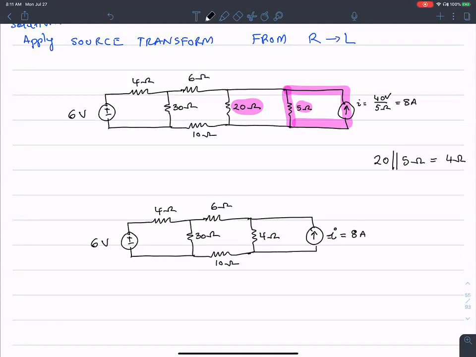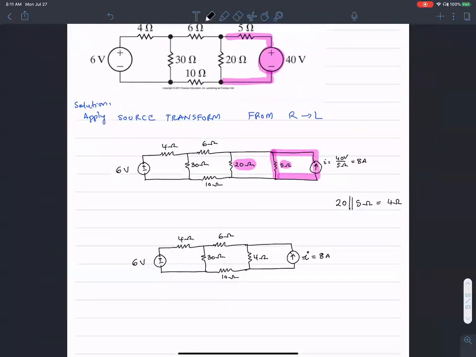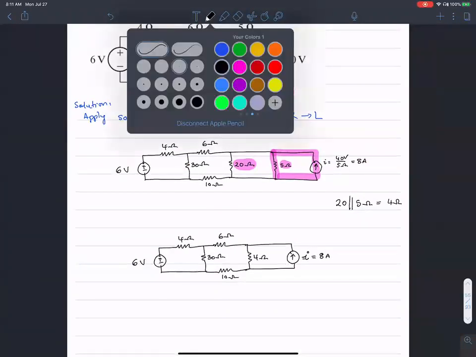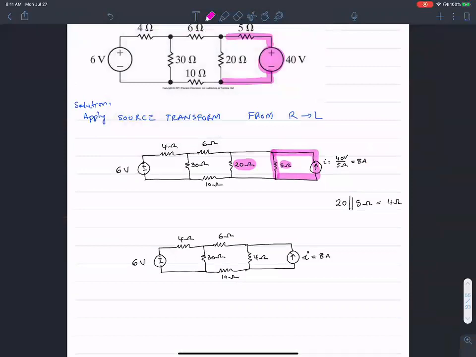So here I applied source transformation, the first application of source transformation, to convert a voltage source into an equivalent current source.